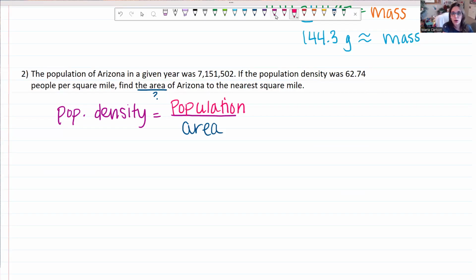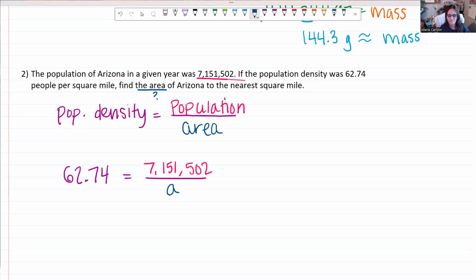So let's write out what we know. The population density is 62.74 people per square mile, and that is equal to the population, which was 7,151,502, over the area. And again, we're trying to find the area, so I'm just going to represent that with an A. Now, if I want to find this area and the area is in the denominator, I need to actually get that out of the denominator.